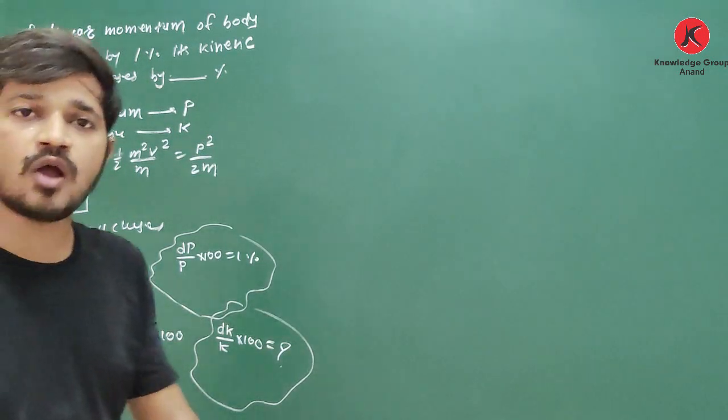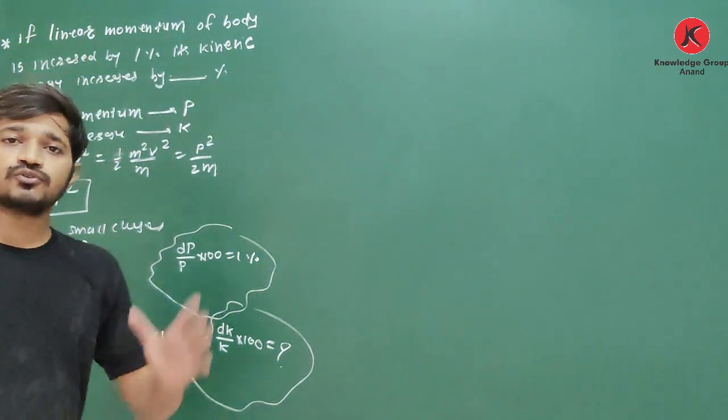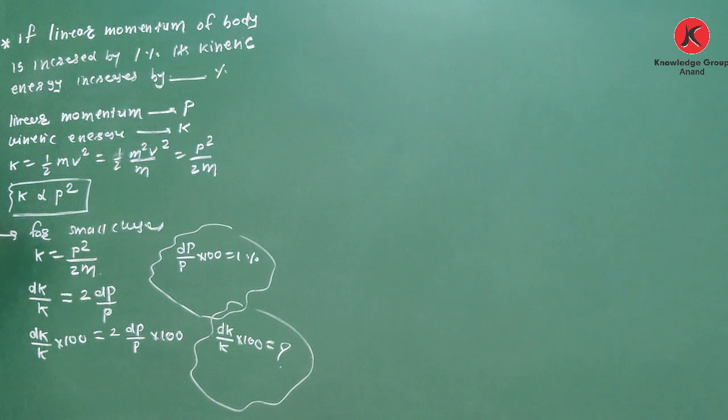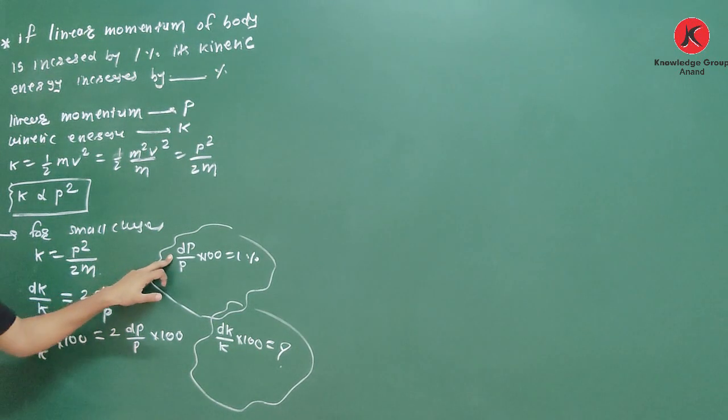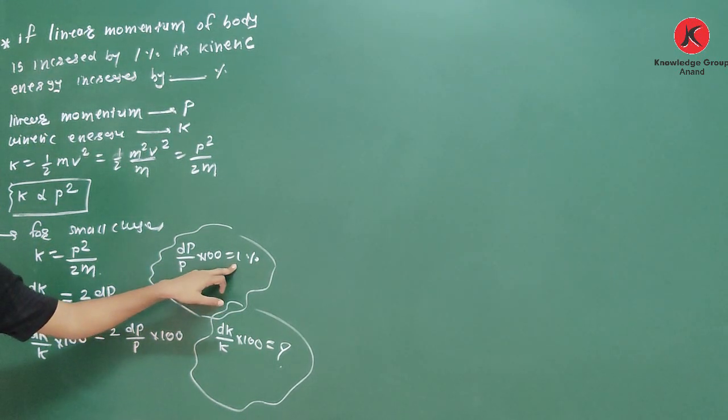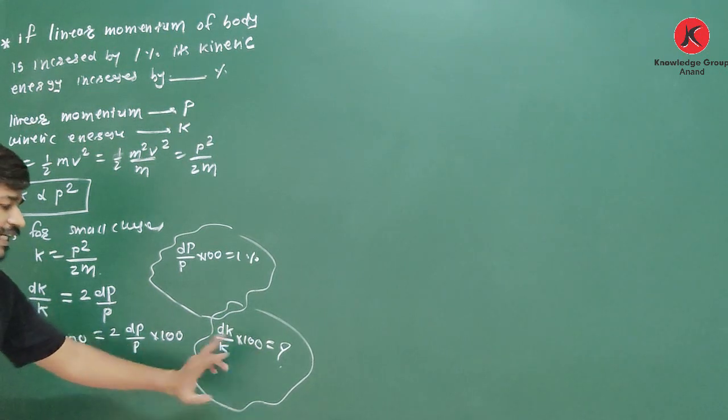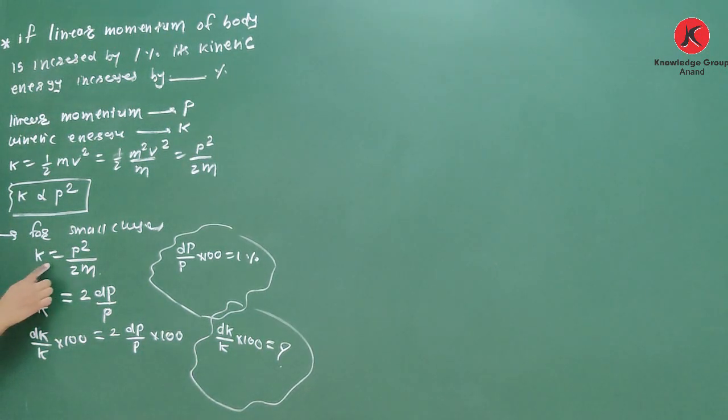First of all, you have to understand the question. Okay, yes, the change in momentum is given as 1%. So what is the change in kinetic energy? Yes, K is equal to p square upon 2m. This kinetic energy only depends on the momentum; 2m is constant.